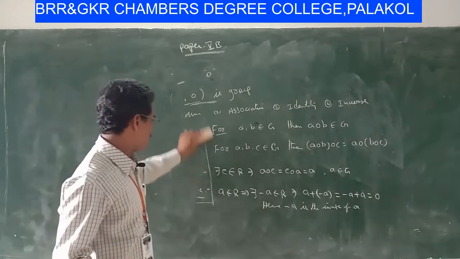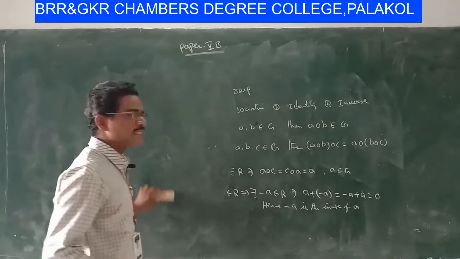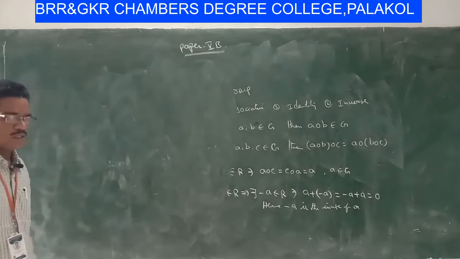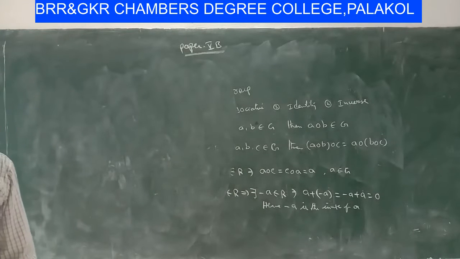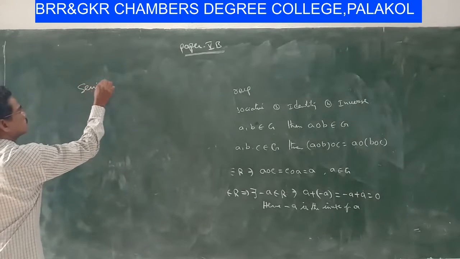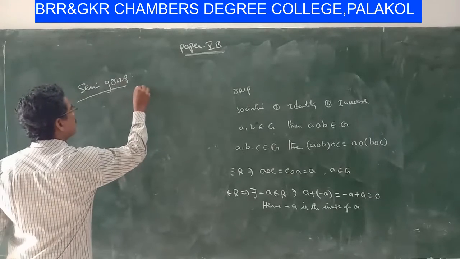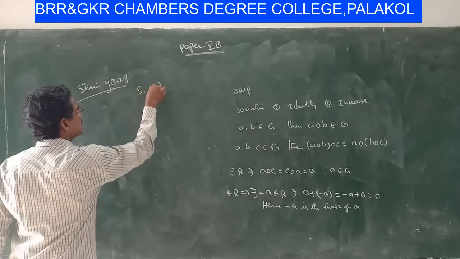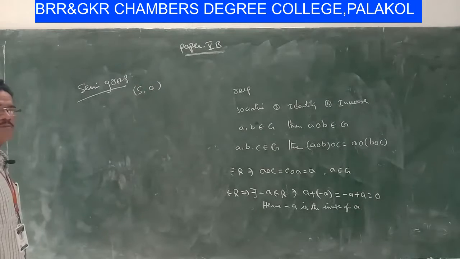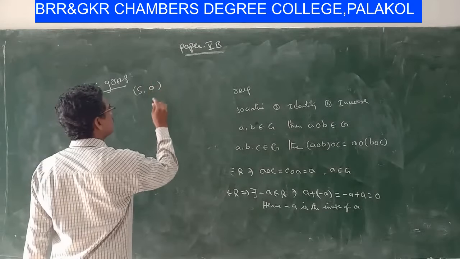So now I will discuss the definition of semi-group. Already we know that group. Now semi-group. Semi-group means S comma circle is a semi-group.